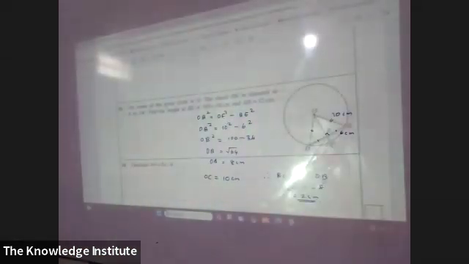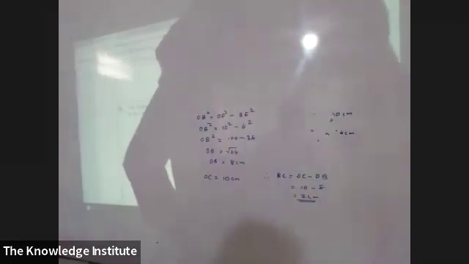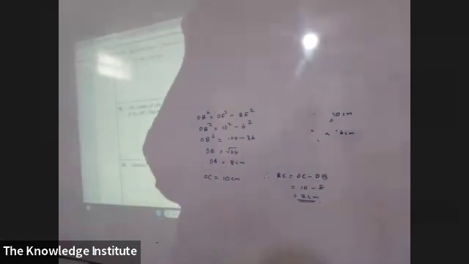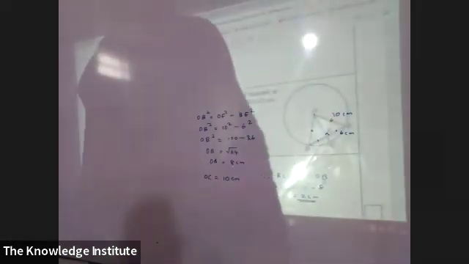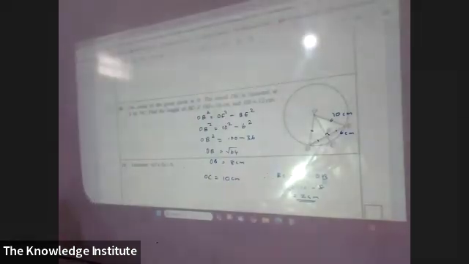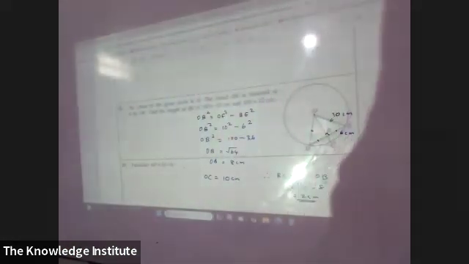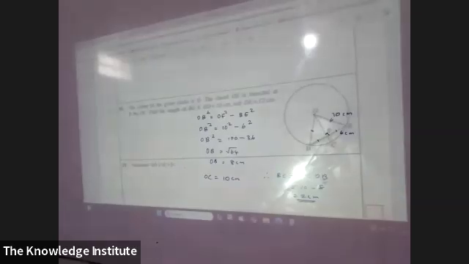Next question: factorize 4x squared plus 5x minus 6. Sorry? How did you find OB?